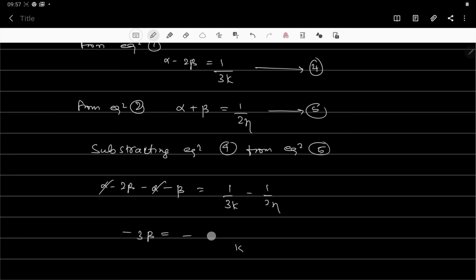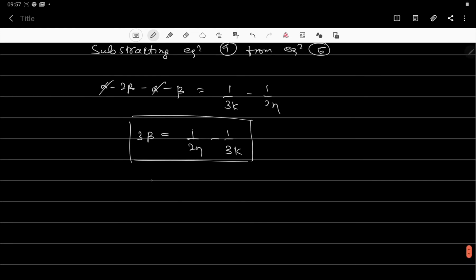Removing the negative sign, the equation becomes 2 eta minus 3k.